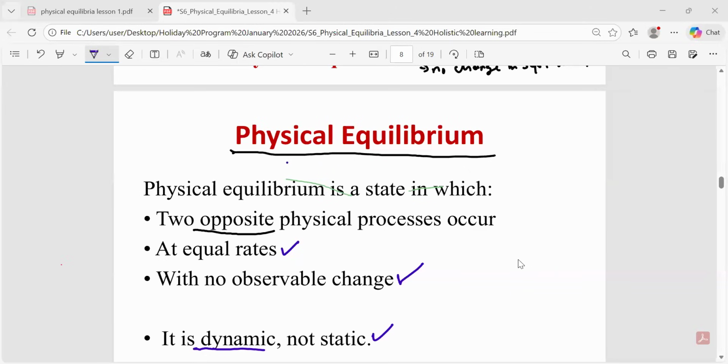Your voice is very low, if you could increase. Yes, please. It means it continues, it does not stop. Okay, thank you.